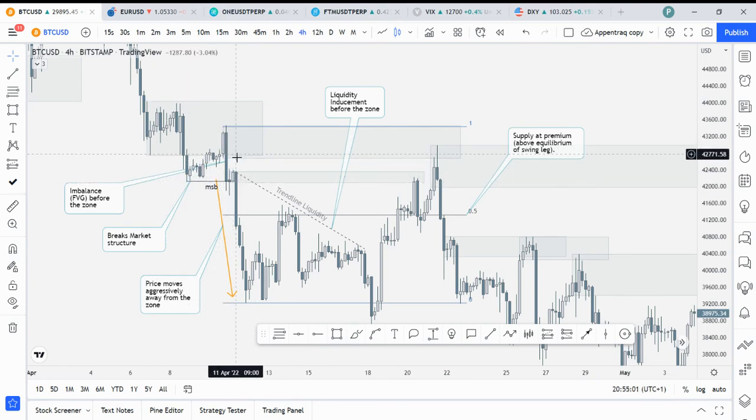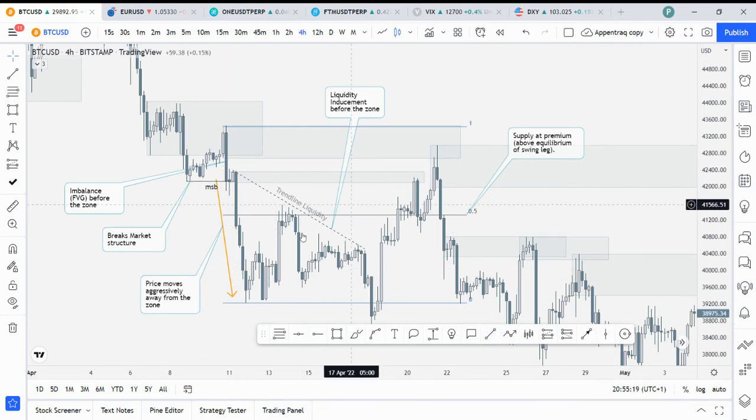The zone should be breaking a low for it to be valid. You can see this zone broke this low and price taps, price sold off. This zone broke this low, price taps into it, and there is a sell off.